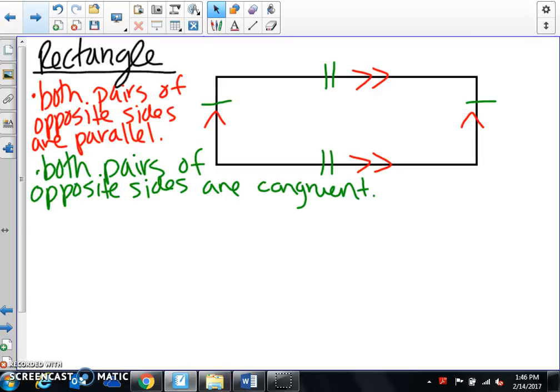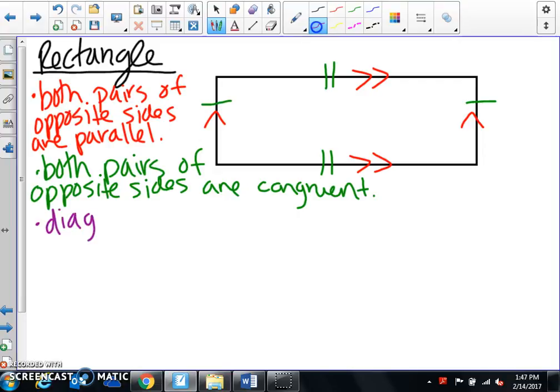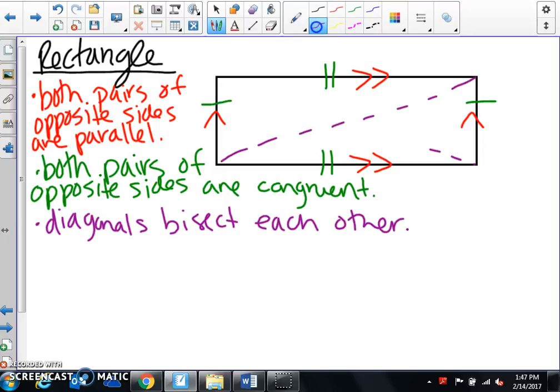We also know that diagonals bisect each other. So look, bisect just means they intersect together. Okay?